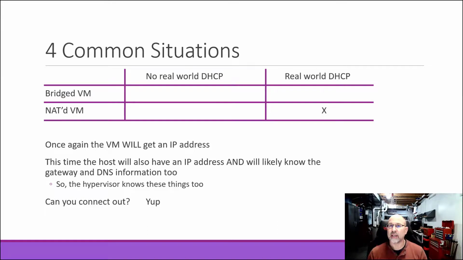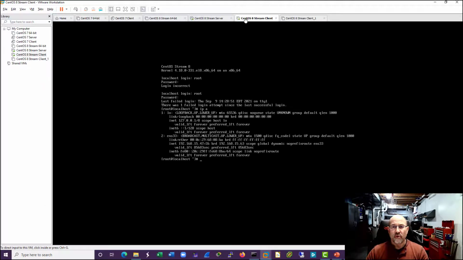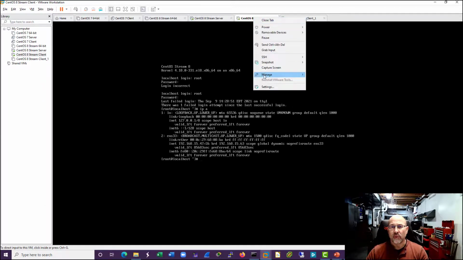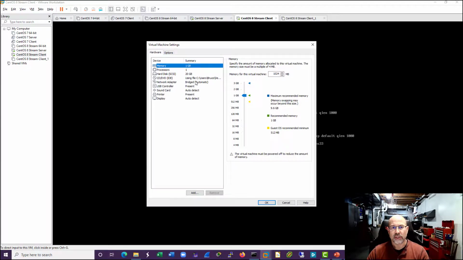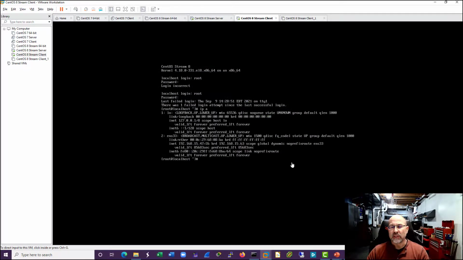Now, let's take a look at the IP addresses that my VM's got. If you remember this client, we went back here, and this is a bridged connection. So this means that it shares the host's network. Take a look at the IP address that my host got. It's 192.168.15.47.